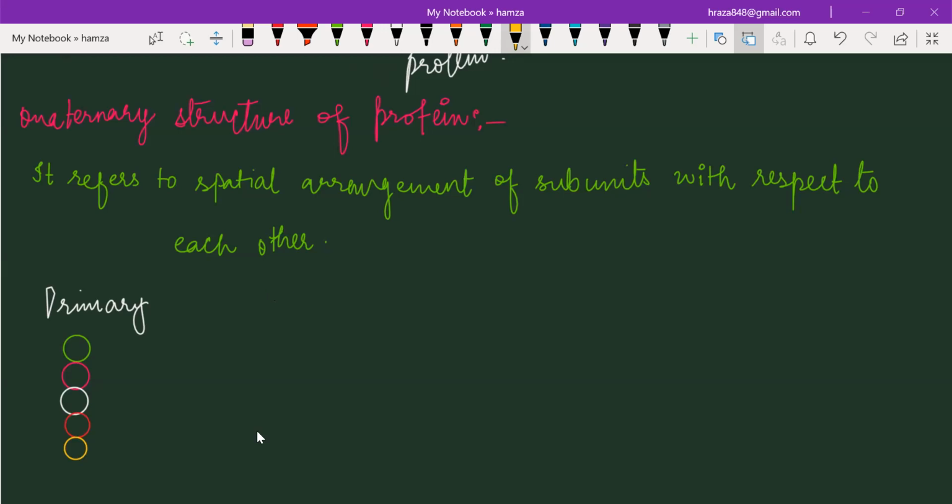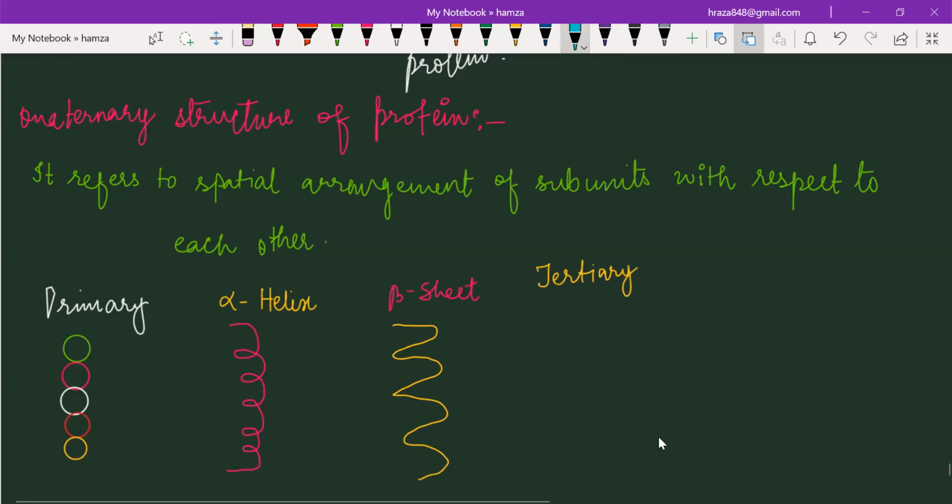When we talk about beta shape, it is like this. When you talk about tertiary, it is like this. When you talk about quaternary, I'll show you. Please write it.